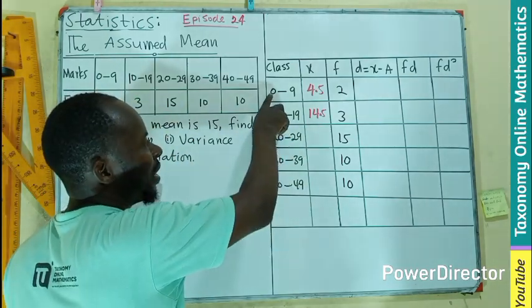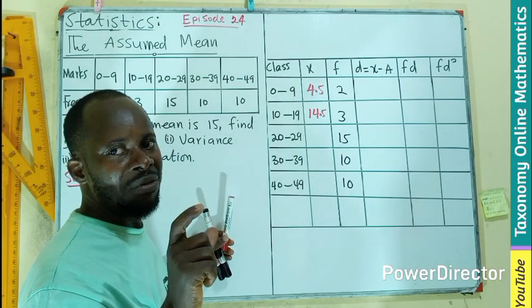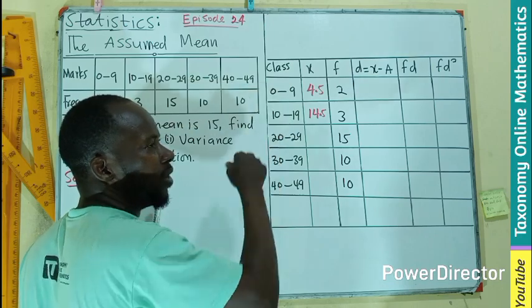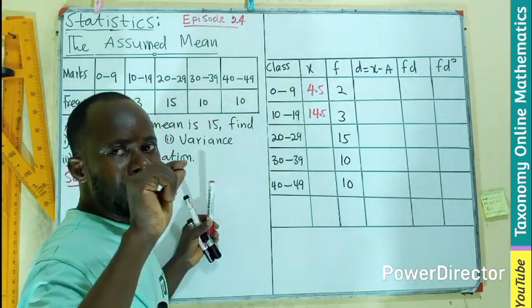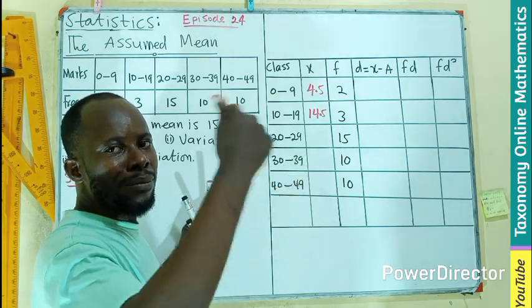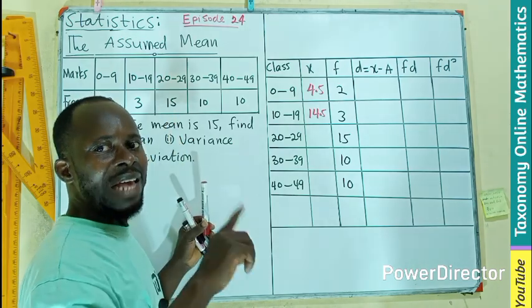From 10 to 9 is 1. Half of that is 0.5. You subtract it from here, and that will give you negative 0.5. You add it to this, that will give you 9.5. So the difference between them, 9.5 minus negative 0.5, gives you 10, meaning the class size is 10.